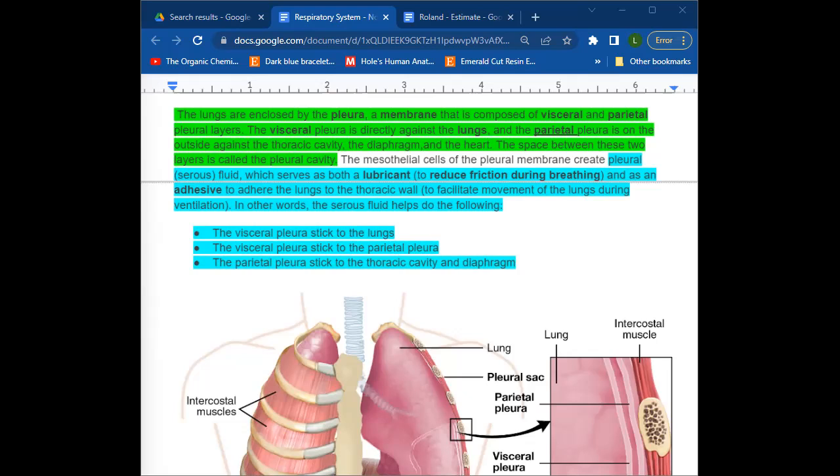Anytime you think visceral, you should think organ. It's right up against an organ. And then the parietal is a little bit more external. The parietal pleura is going to be against the thoracic cavity and against the diaphragm.